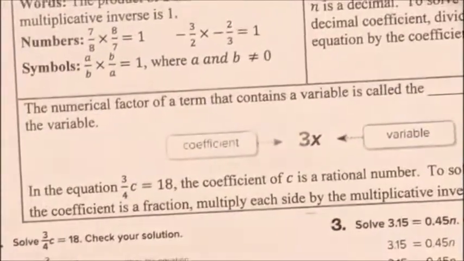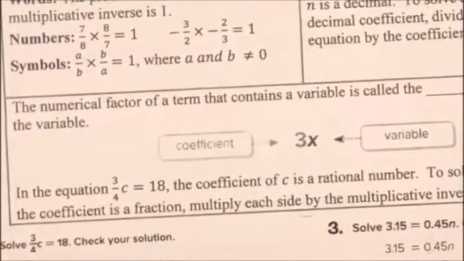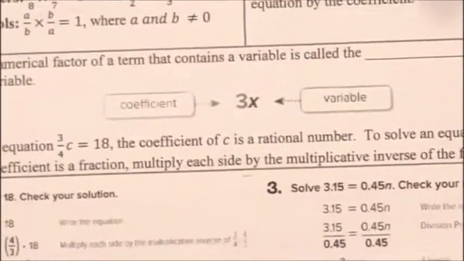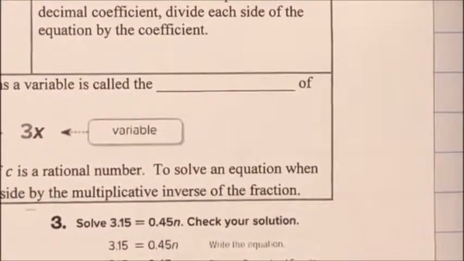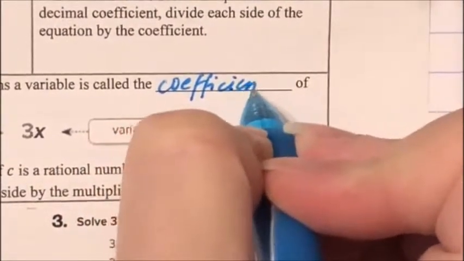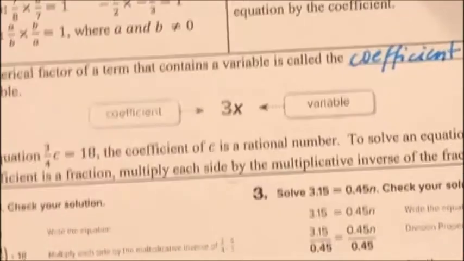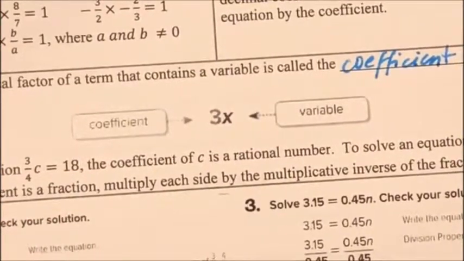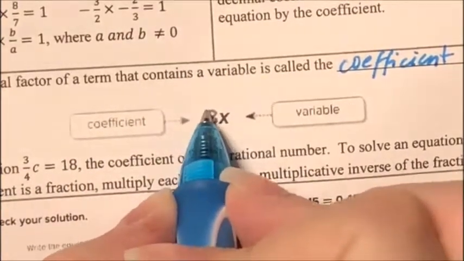All right. Our next box down here says the numerical factor of a term that contains a variable is called the blank of the variable, okay? In that blank, you're going to write coefficient. So I have a little example here. Coefficient is the 3.